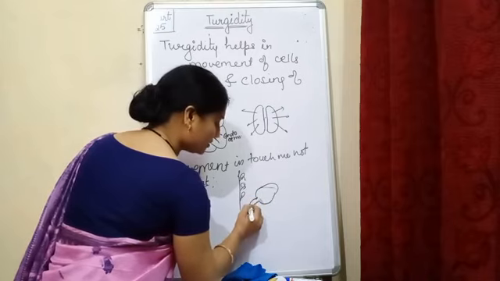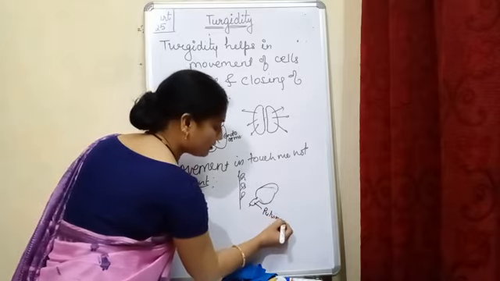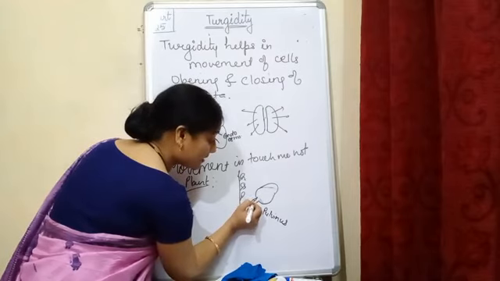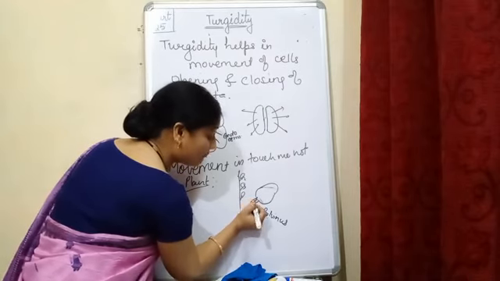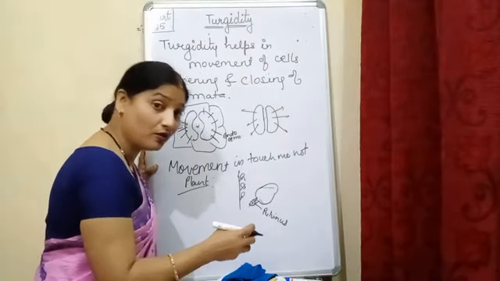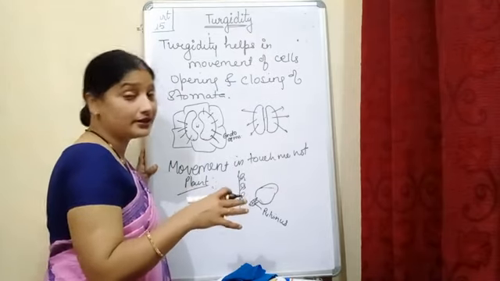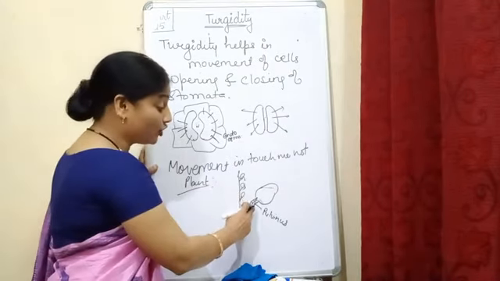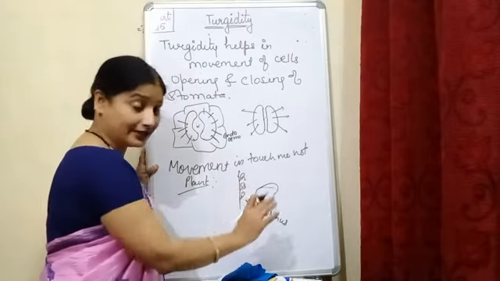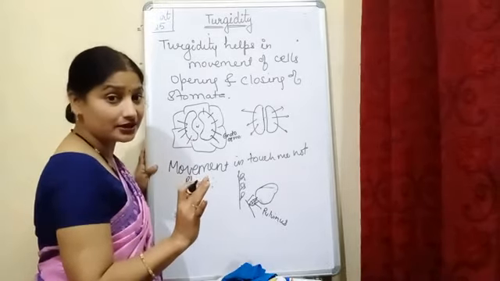Clear? Suppose this is the base of the leaf called the pulvinus. Now see what happens. The cells present here are filled with water. Okay, and because they are filled with water, they are exerting a pressure. That is called the turgor pressure. Okay, and because of this pressure, the position remains distant. That is, the position remains straight and the leaves are in the normal condition.